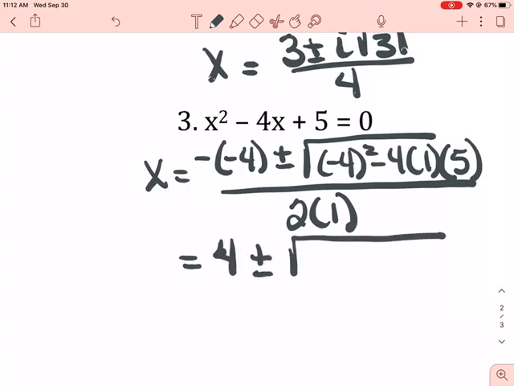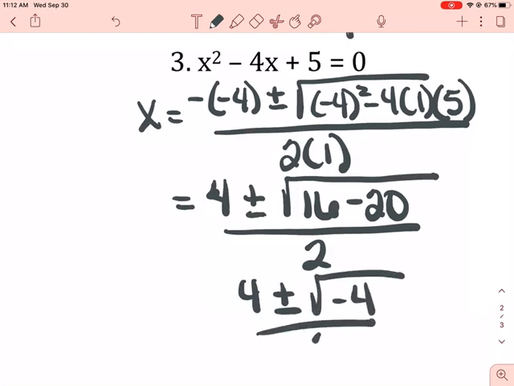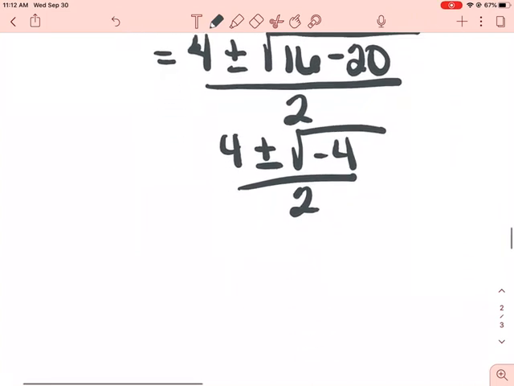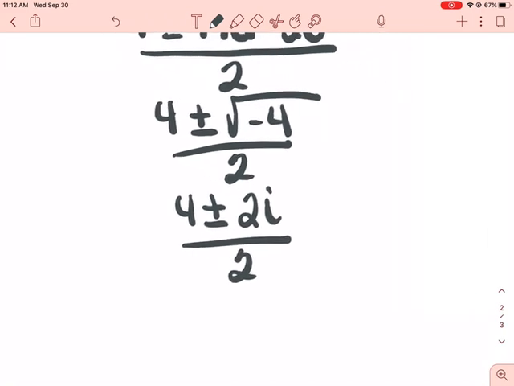So we're going to get 4 plus or minus the square root, negative 4 squared is 16 minus 20 all over 2. All right, so we get 4 plus or minus the square root of negative 4 all over 2. So 4 plus or minus 2i all over 2.